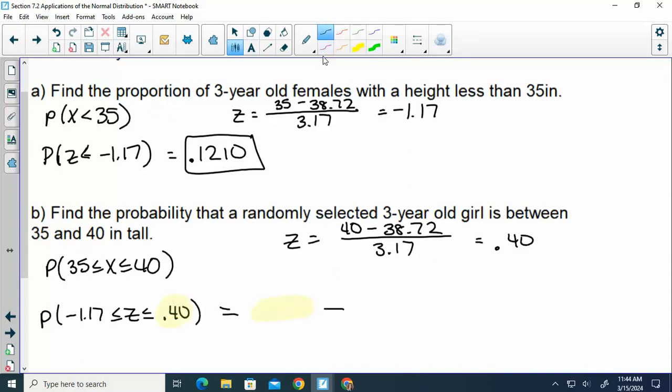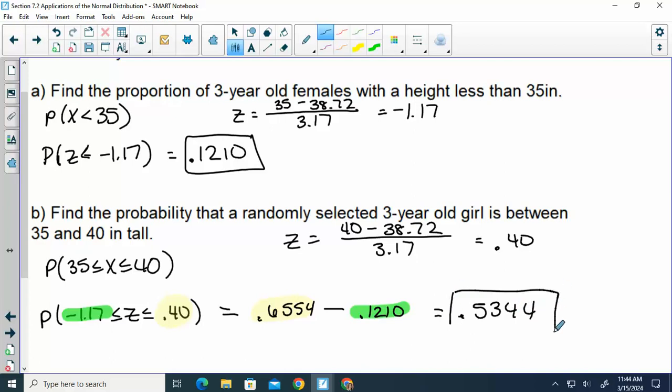So the probability of 0.4, so positive 0.4, is 0.6554 minus the probability of the negative 1.17, 0.1210, and we get about this.